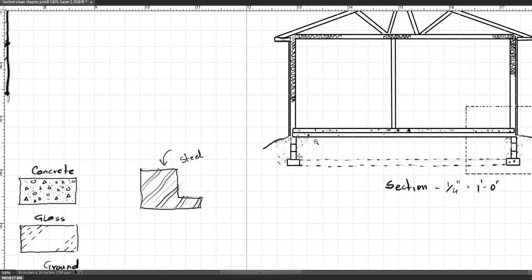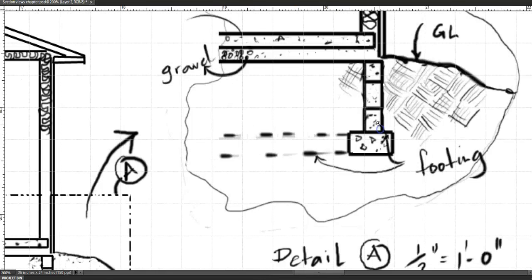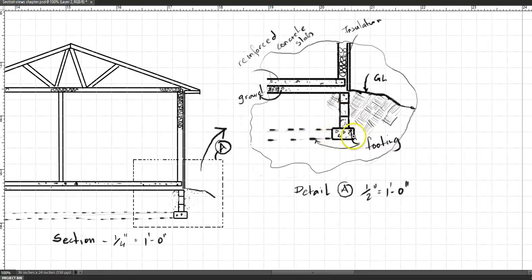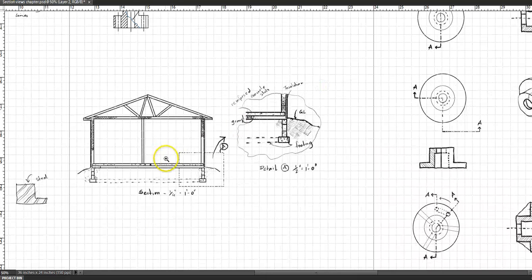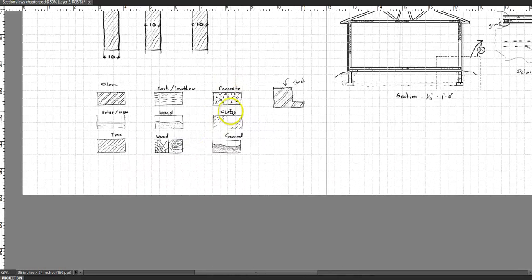So over here, this is my foundation, or if you zoom in, this is my footing, and this pattern is for concrete or reinforced concrete. So just looking at that, I know that it's not brick, it is a concrete footing. So that's where it gets so important to use the right symbol for the right objects.